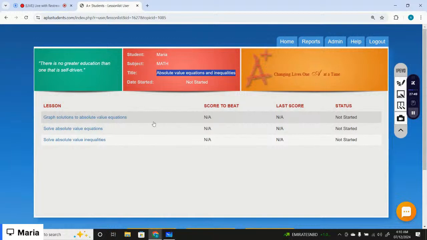So here I am on grade 9 math. The chapter we're on right now is absolute value equations and inequalities. Let's just start with the first lesson, that is graph solutions to absolute value equations.